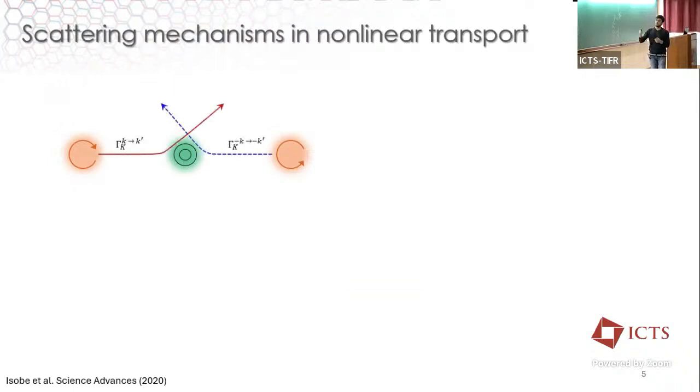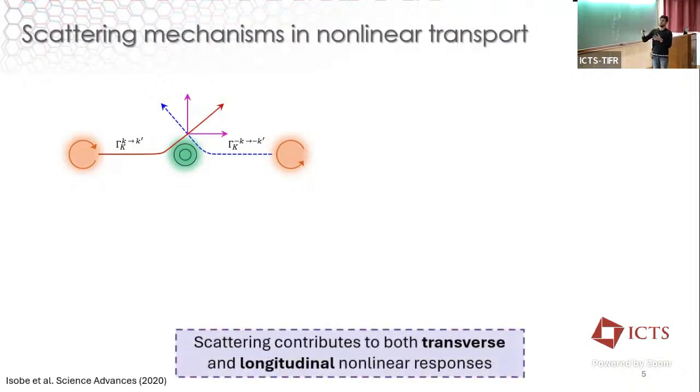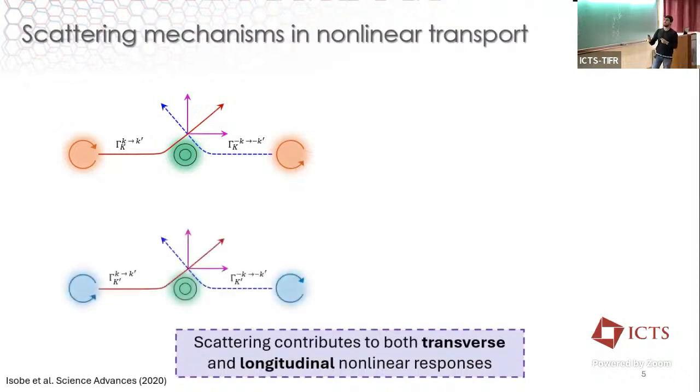And this scattering is asymmetric, meaning that the scattering from k to k prime will be different from minus k to minus k prime, which is the skew scattering. This in turn basically gives rise to this nonlinear response, not only in the Hall direction, but also in the longitudinal direction as well. So we'll talk about this nonlinear transport.